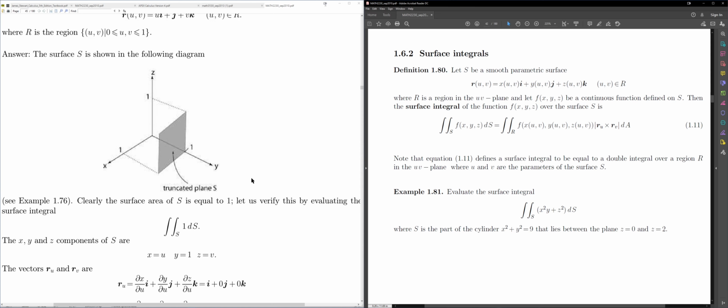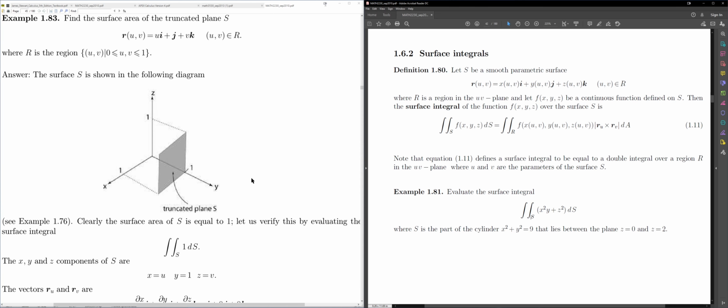Okay, so first of all, I would need the RU and the RV, and I need the cross product of that, right? This is the R here. To get the RU, you differentiate each of these components with respect to U. When I differentiate U with respect to U, I get a 1 here, a 0 here, and a 0 here.